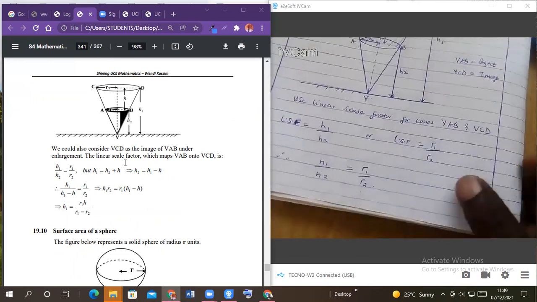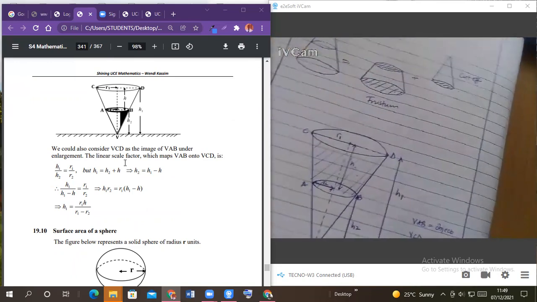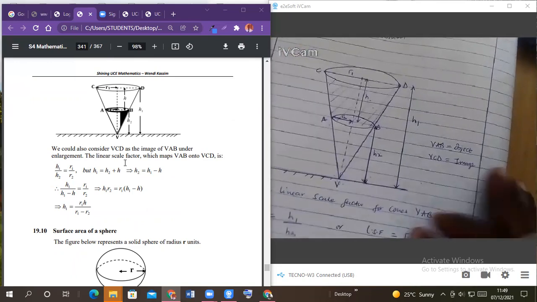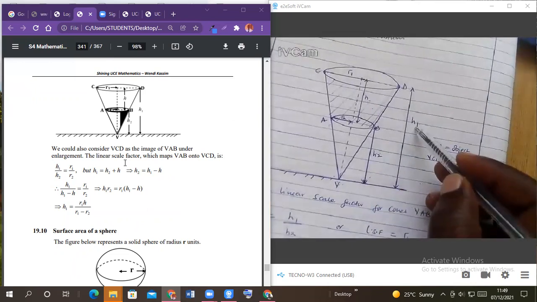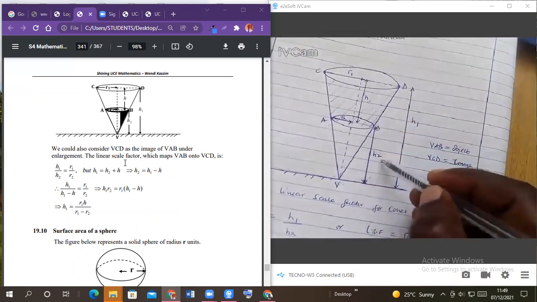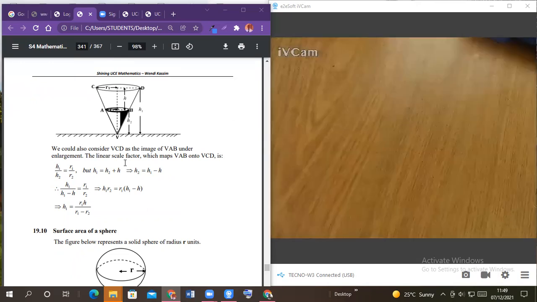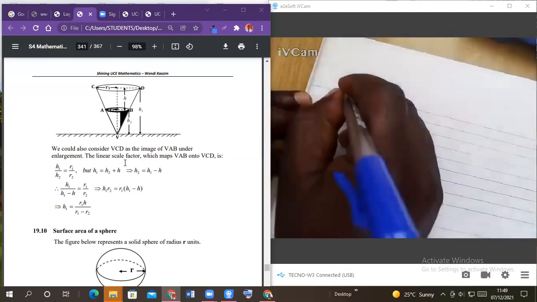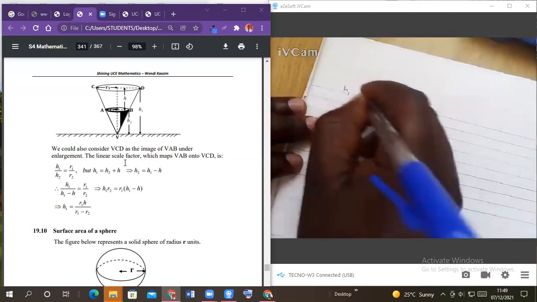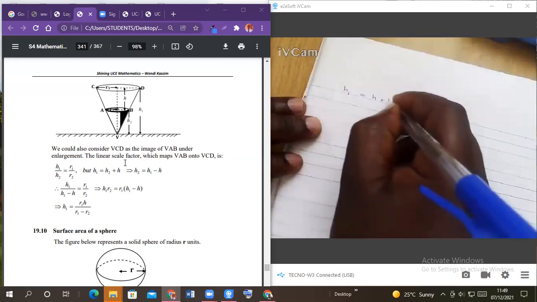So let us see. From this diagram that is here, we know that h1 equals h plus h2. So we are going to express h2 in terms of h1. From there, we have seen that h1 is equal to h plus h2.